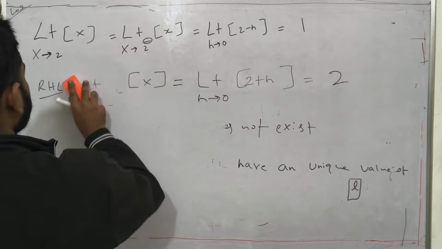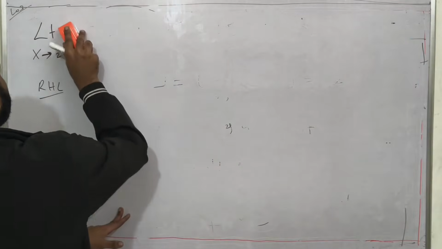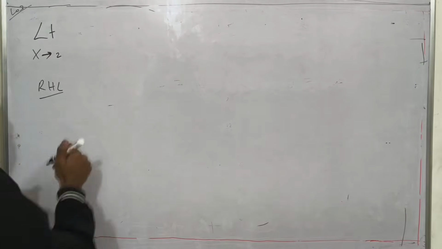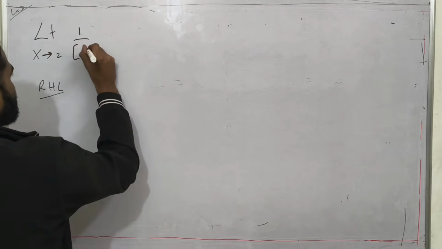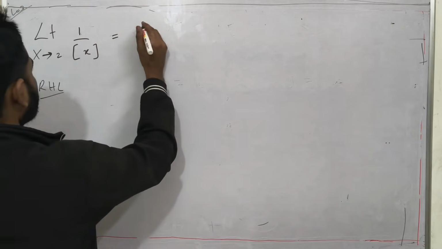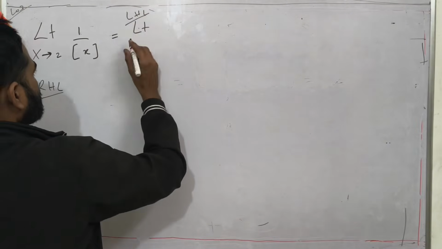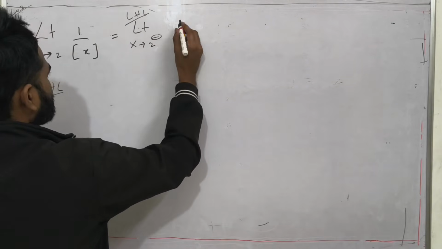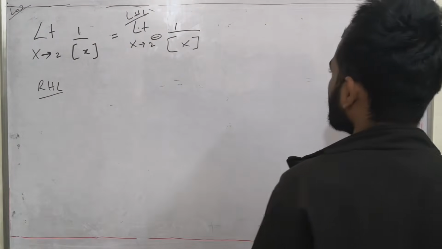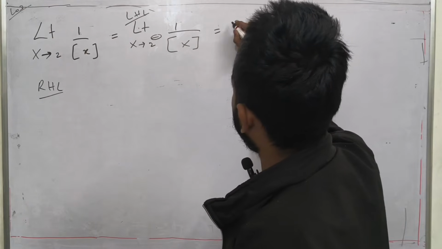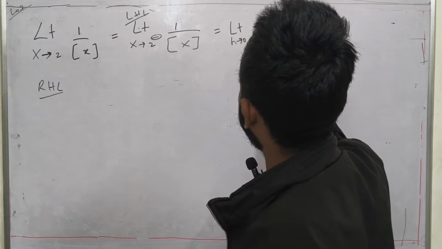Similarly, if you take limit x tends to 2 of 1 by step x, we take first the left hand limit: x tends to 2 minus of 1 by step x, which equals limit h tends to 0 of 1 by step of 2 minus h.